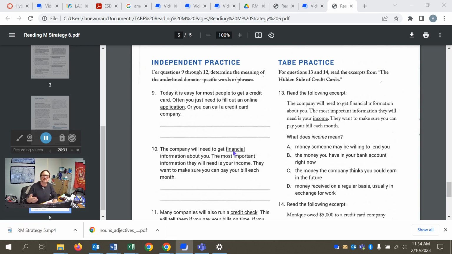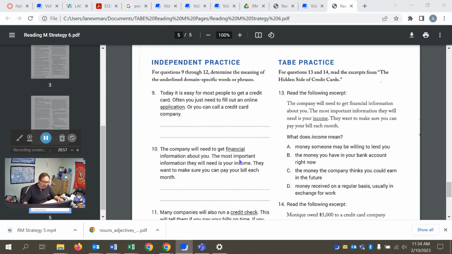And notice in my definition, I'm connecting to the domain. I don't want to just say, a piece of paper that you fill out with your information, because I want to connect to the domain that this term is part of. So if we're talking about finances and credit cards, then I'm also connecting to that concept of why this document exists in that domain.